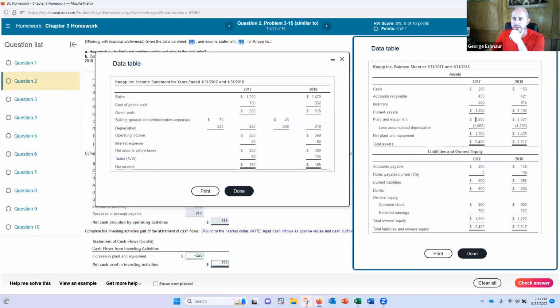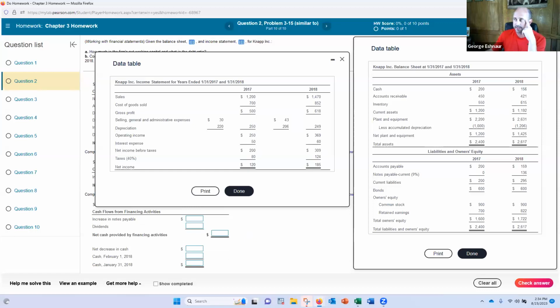I apologize, what it is right here, not the net. So we went from 2,200 to 2,631.